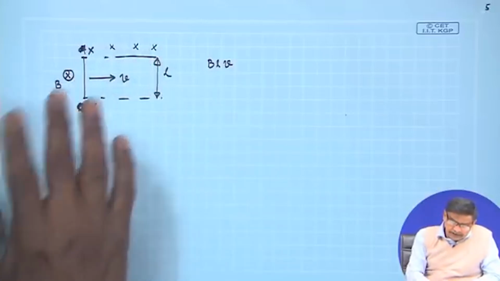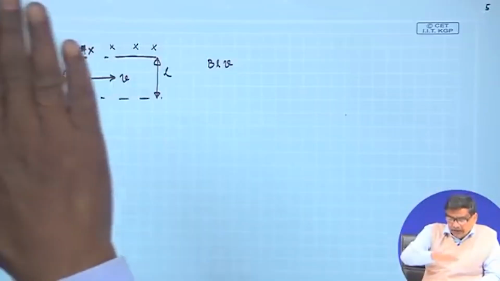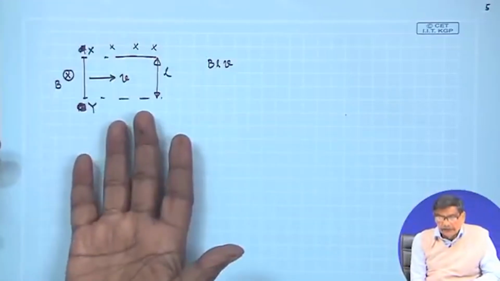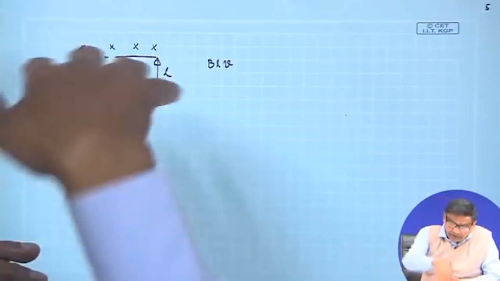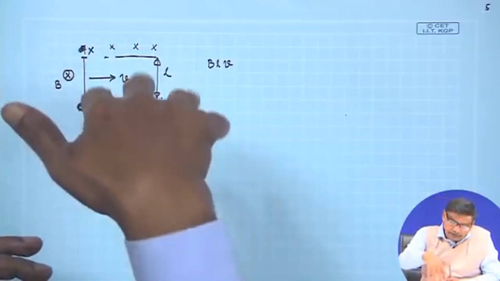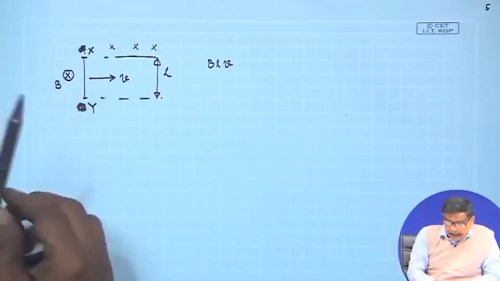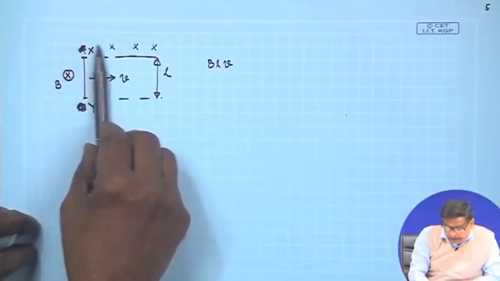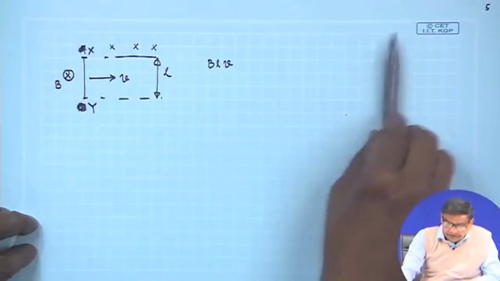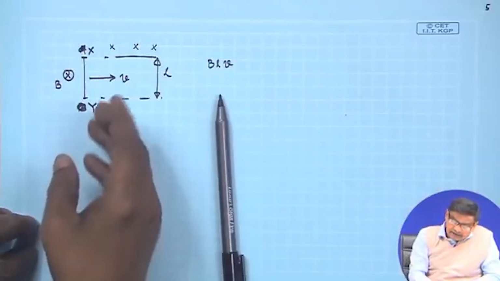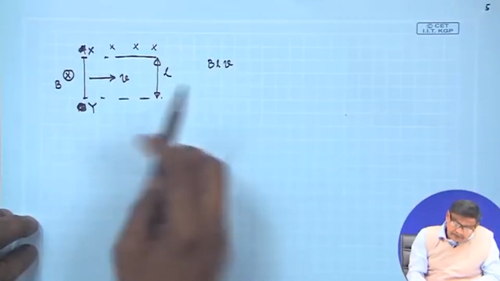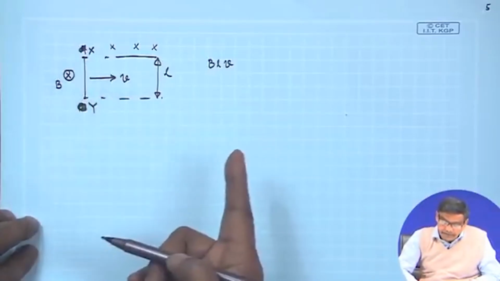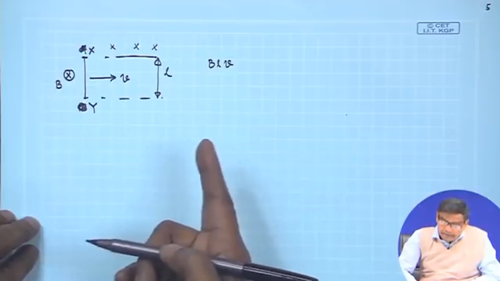How can this be created? Perhaps above the paper there is the north pole, and below the paper there is a south pole. So lines of force will be perpendicular to the plane of the paper, and your conductor is on the plane of the paper, moving with a velocity v, and then between these two points there will be an induced EMF whose value will be BLV.